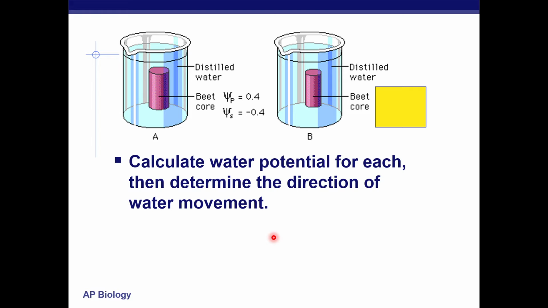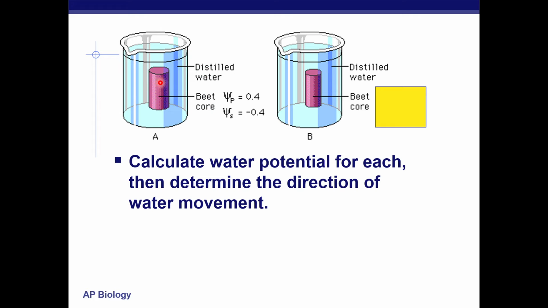All right, so for an example, I have a beaker, and in this beaker we have distilled water. Distilled water means pure water, so there's no solute in it. It's an open beaker sitting out on the table, so there's no pressure potential and no solute potential. So I know that this distilled water has a water potential of 0 because there's 0 pressure potential, 0 solute potential.